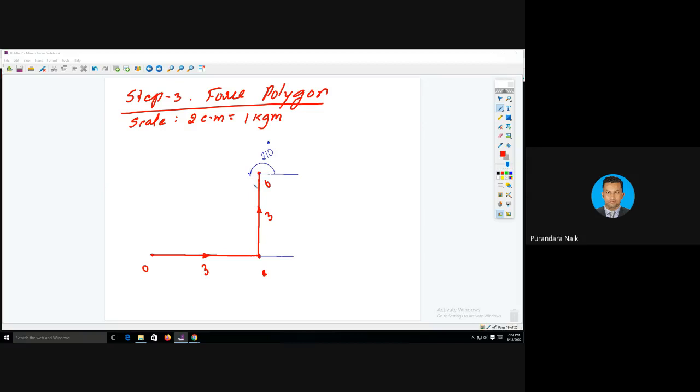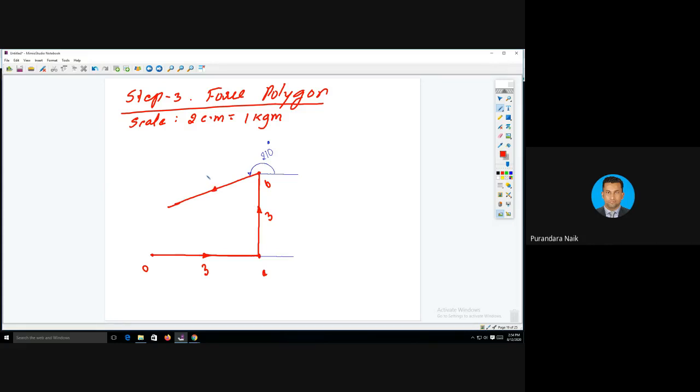Yes, this is 210 degree. And the direction is this one.